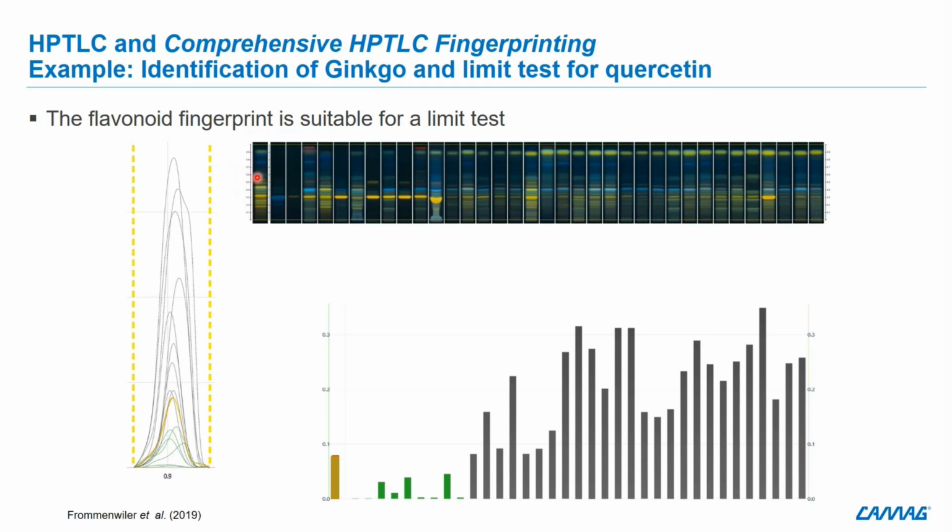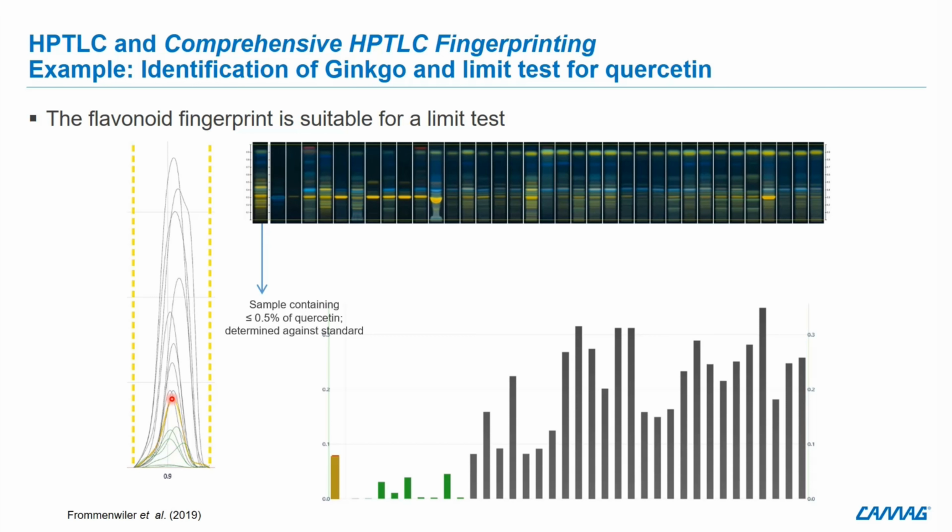On the first track is the reference material, which was spiked to contain the maximum allowed content of the flavonoid quercetin. And by a mouse click, the peak profiles from electronic images of chromatograms can be generated, and samples can be compared to a standard or a reference sample with a maximum allowed content. An easy limit test of multiple samples in parallel can be performed to determine compliance with the USP limit.